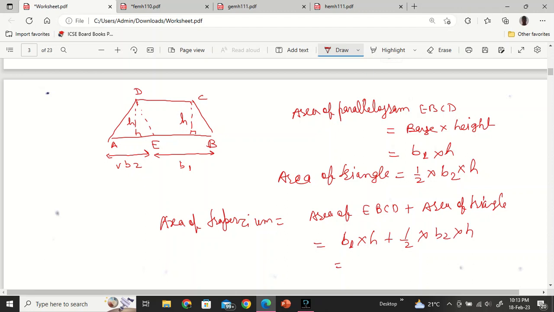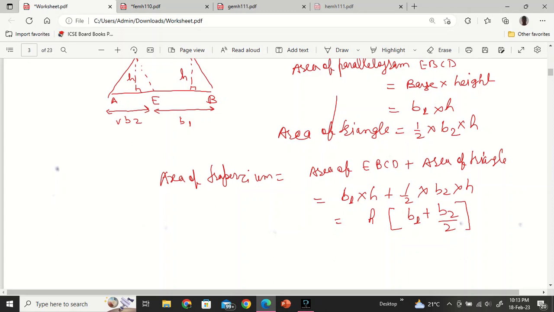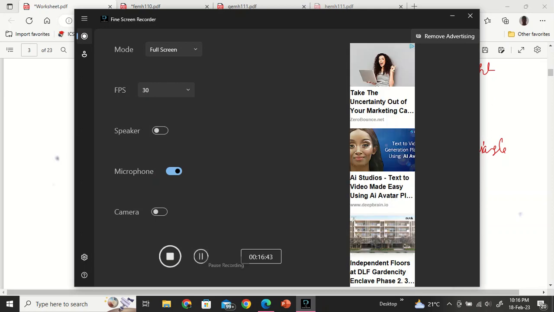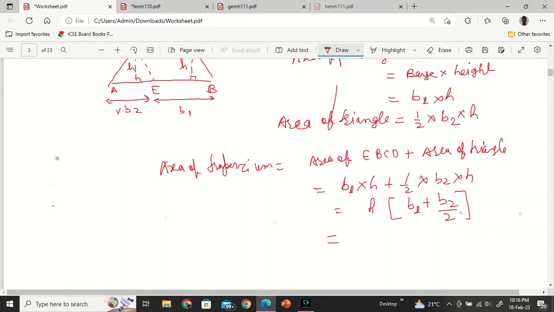So if I take H common, it will be H into B1 plus B2 by 2.